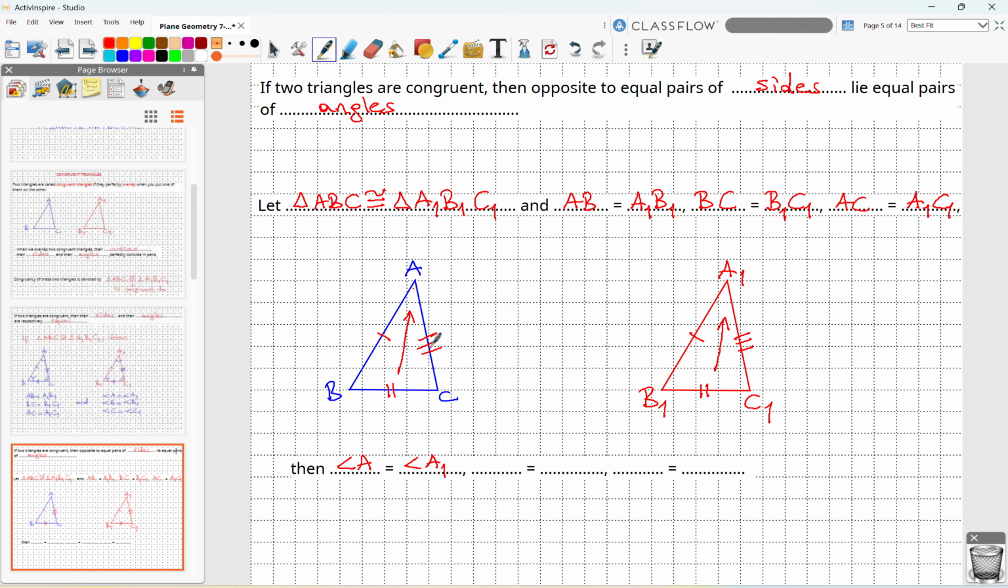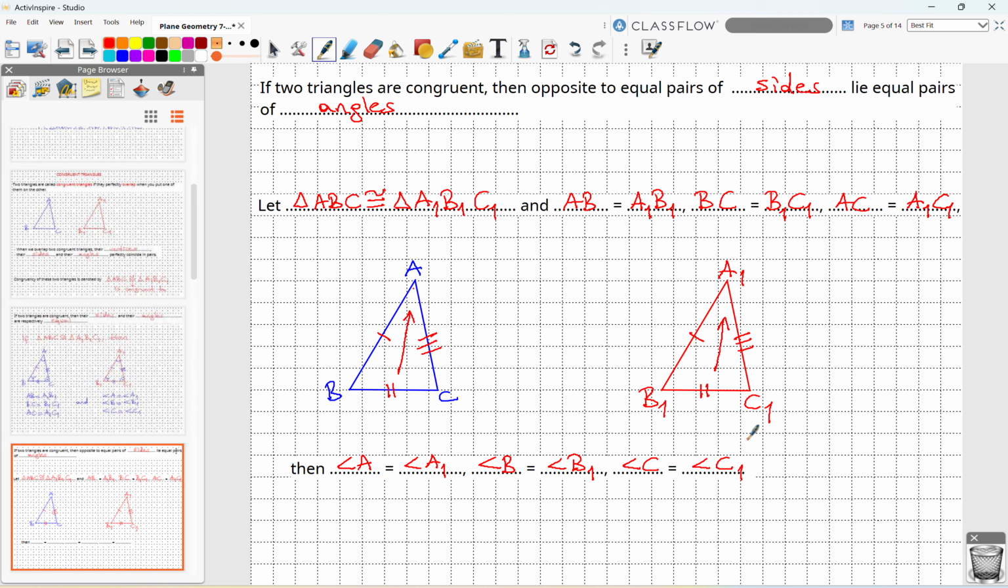Similarly, opposite to the other pair of equal sides, AC and A1C1, I see angle B and angle B1. So angle B equals angle B1. And lastly, opposite to the last pair of equal sides, AB and A1B1, we have the angles C and C1. Angle C equals angle C1.